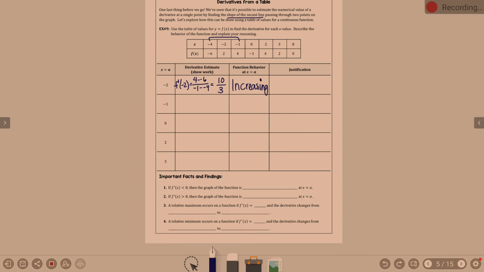Because the slope is positive. Now, how do we say it? If I say at the point, what was my point? (-2, 2). In order to say the slope is positive, I'm going to say f prime of -2 is greater than 0. Is that math speak for positive?